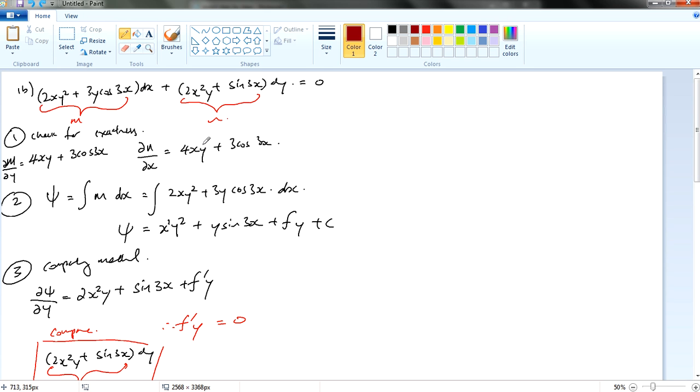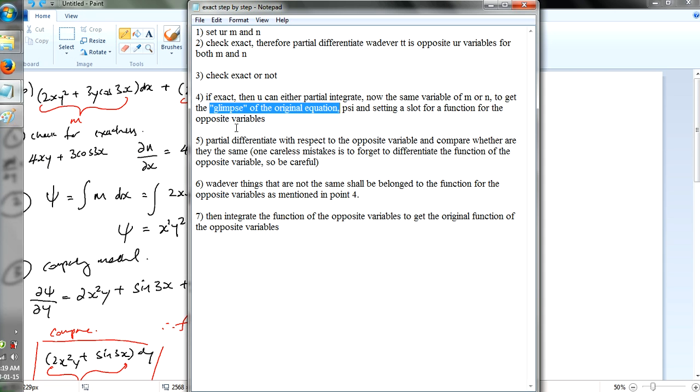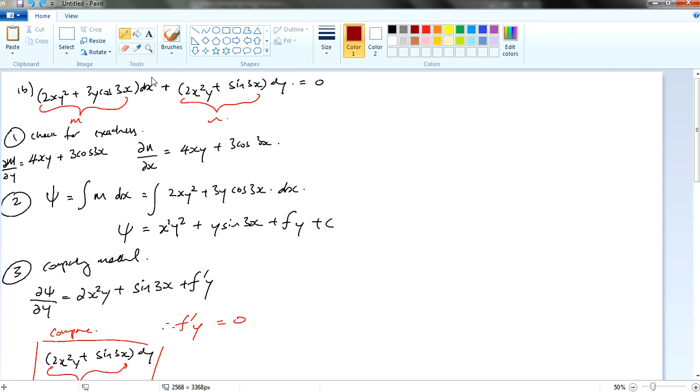And then after you check the exactness, you integrate in terms of whatever dx over here, because you want to clear away your dx or dy. Therefore, this is a glimpse of your original equation.